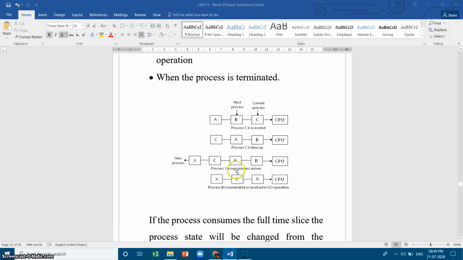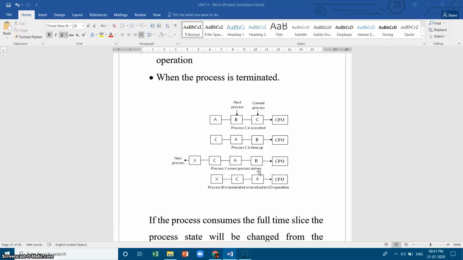In the next diagram, a new process X has arrived. So you are going to add it in your queue. The next diagram says that B is not present.